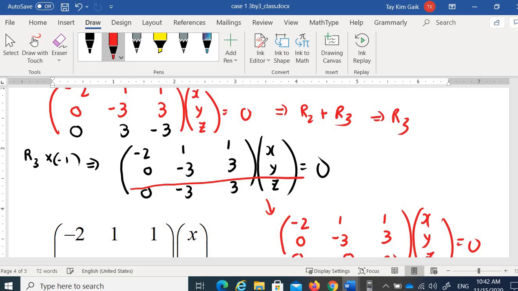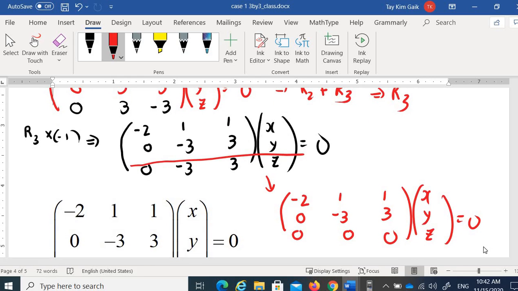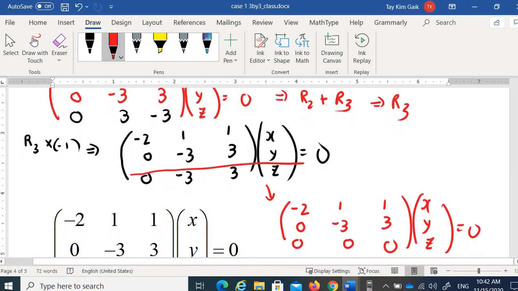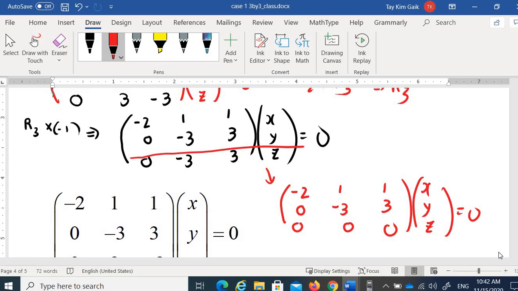You get 0. 3 add up with negative 3, you got 0. This is using row operation, or row 3 times negative 1, we see they are actually equivalent. That's why this one can be cancelled.